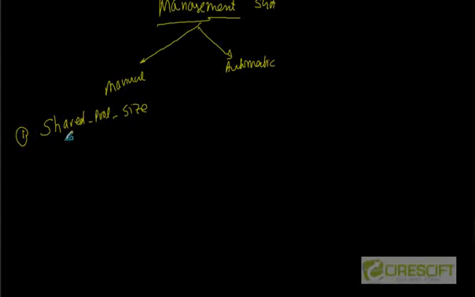By setting this value, I can set the maximum memory that my shared pool can contain. Similarly, to set your database buffer cache, there is a parameter called db_block_cache_size. So let's say if you have an 8 kilobyte block, and your size is set to 100, that means your db buffer cache size is 800 kb, and so on.